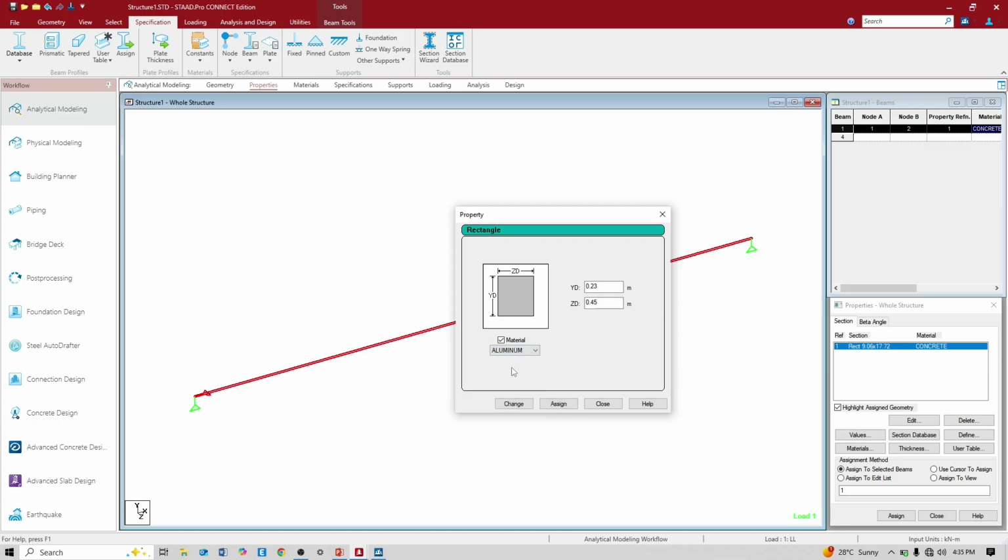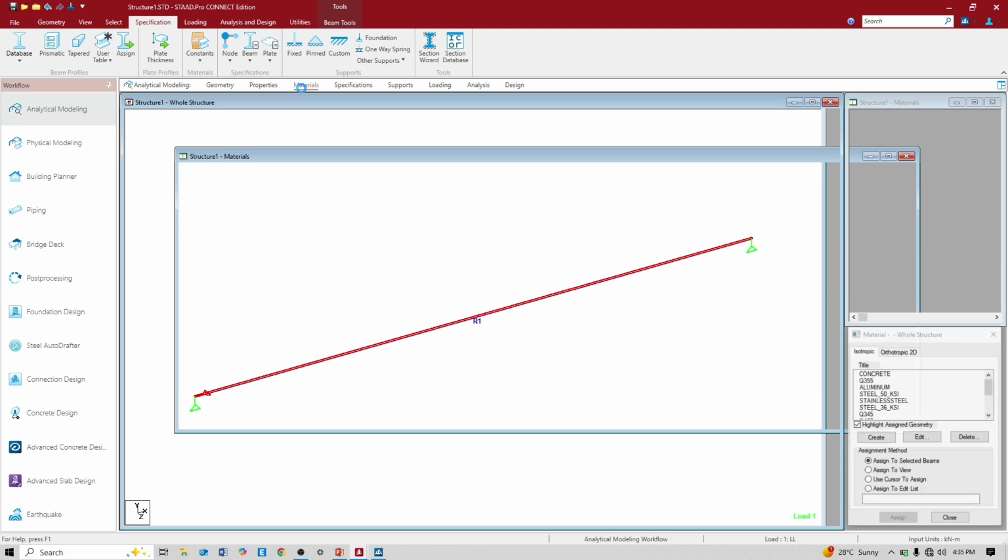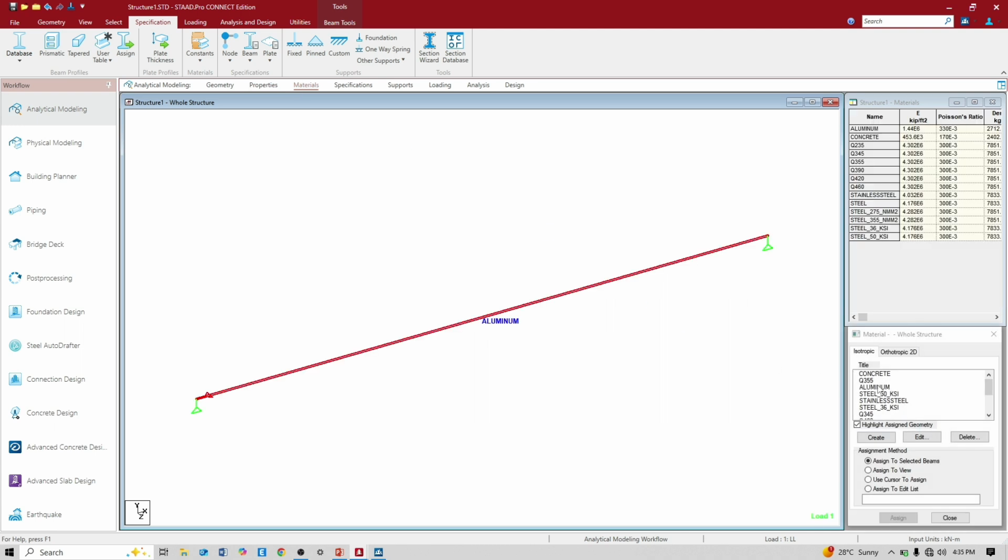We are not interested in materials, so let's consider this as aluminum. We are only interested in live load bending moment.